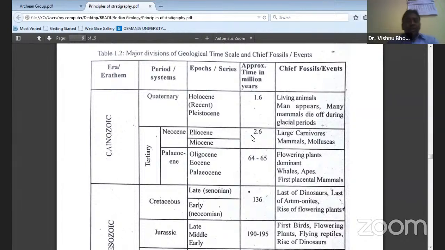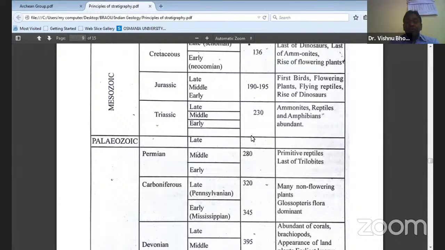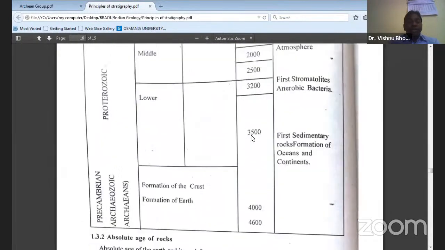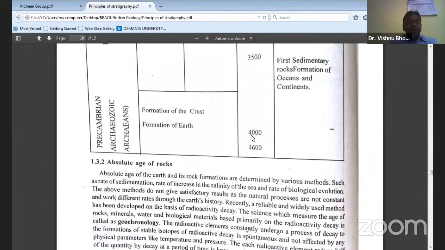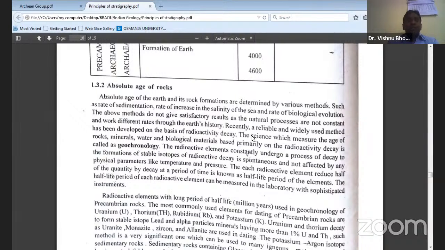And this is the total geological time scale, and it indicates the important fossils, when they were generated and when they became extinct. It is showing, particularly, the absolute age of different rocks.